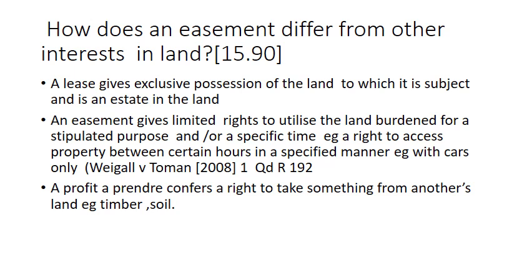But that right, the profit apprend, is simply one to right to enter someone's land for a specified purpose and remove a product. In an easement, of course, you're not removing any product of the land like soil, timber or gravel. So the interest in land which compare with it would be a lease and a profit apprend.